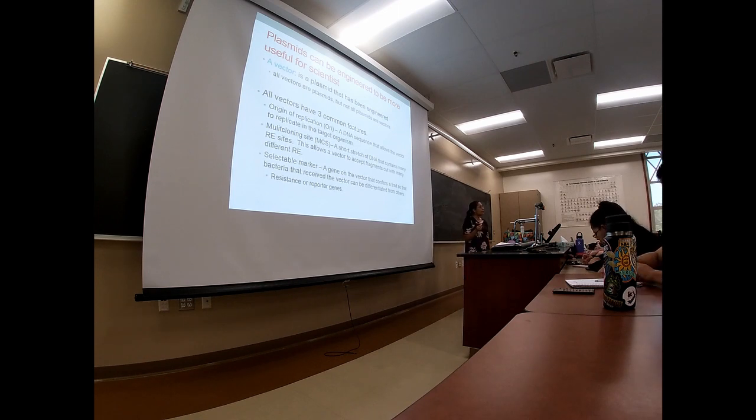There's a lot of other things that we talked about in lab that I'm not including on here right now. This is the basics that you need in a vector. What are some other things that we talked about that would be extremely useful, especially for gene expression? Because some vectors are good for just making copies.